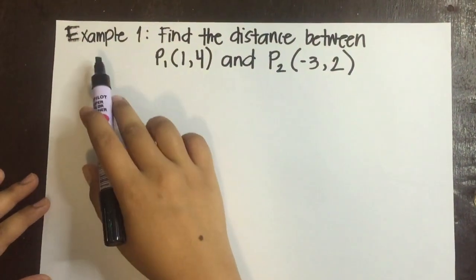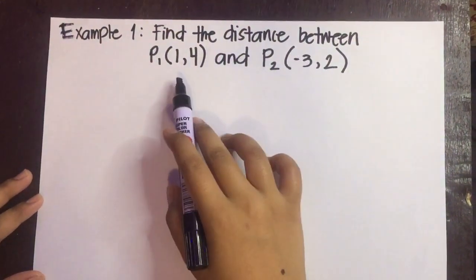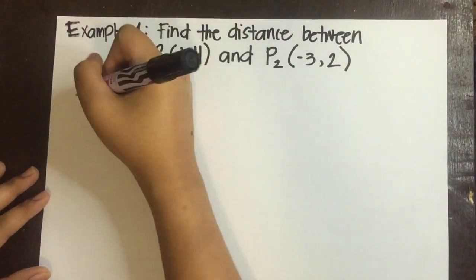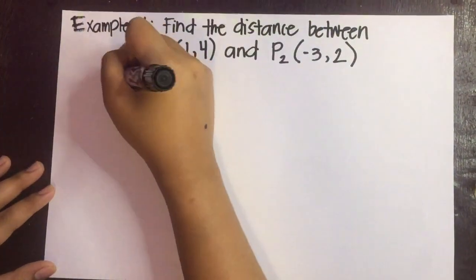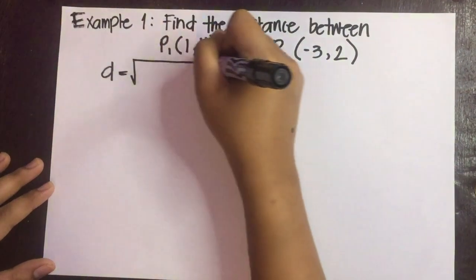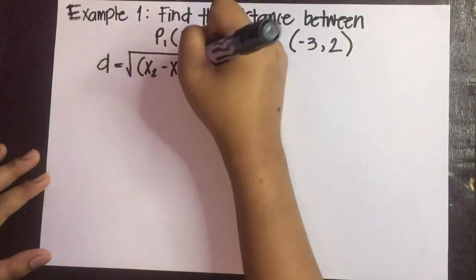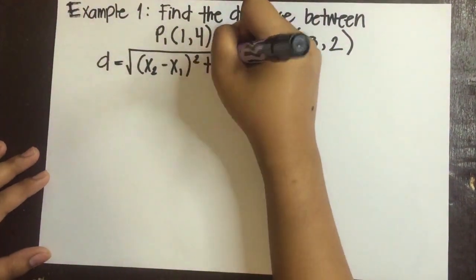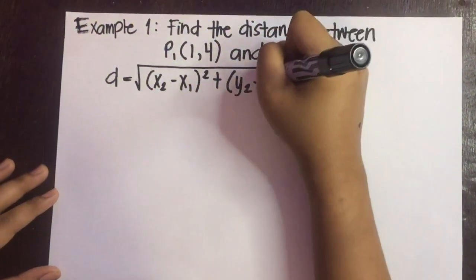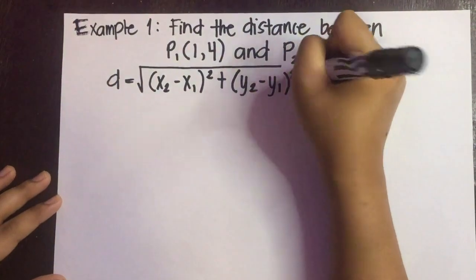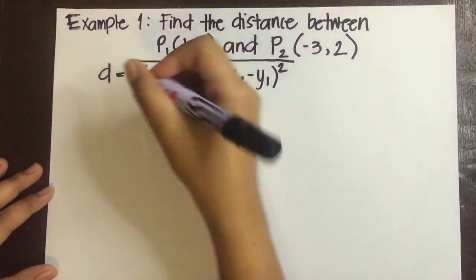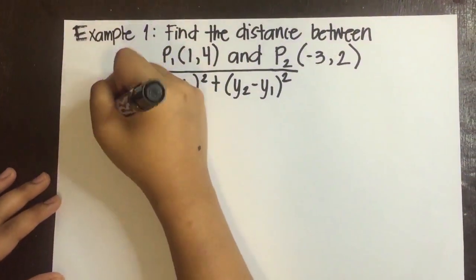For our example 1, find the distance between point 1 and point 2. So our distance formula is equal to the square root of x sub 2 minus x sub 1 squared plus y sub 2 minus y sub 1 squared. So we are going to substitute.